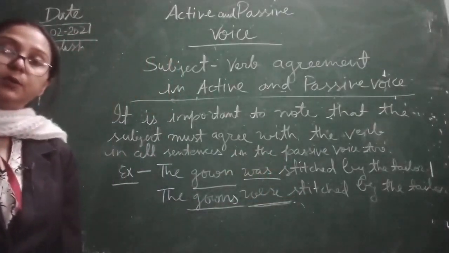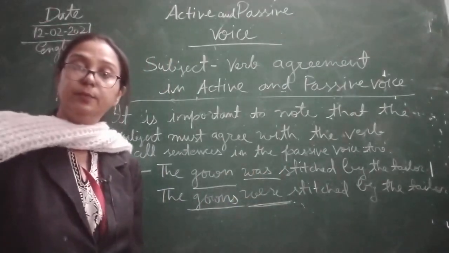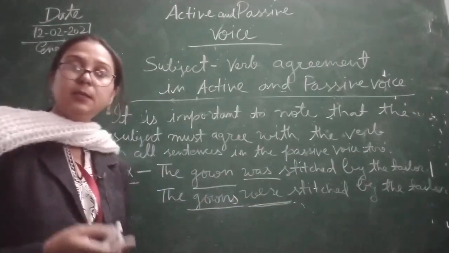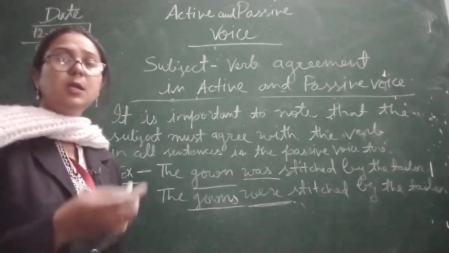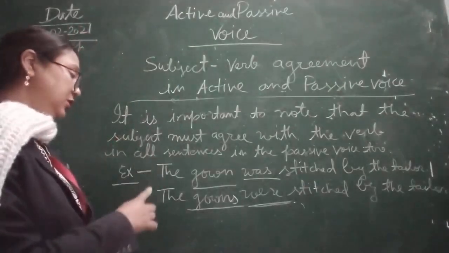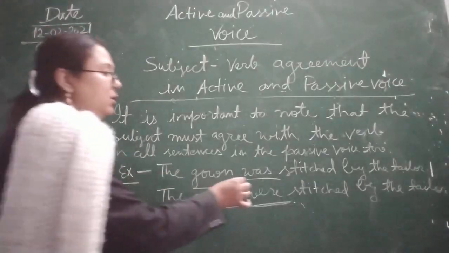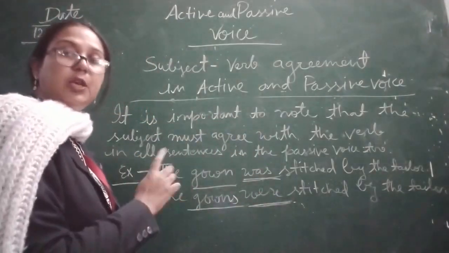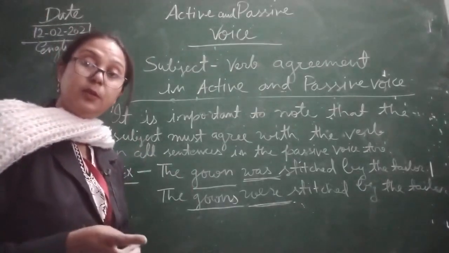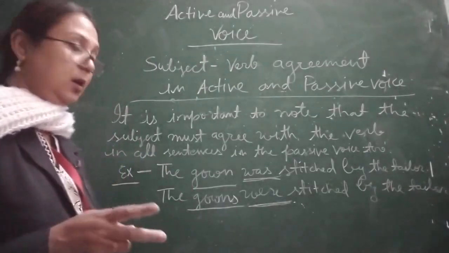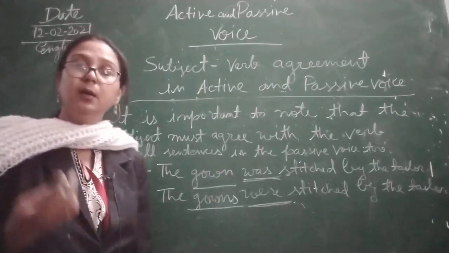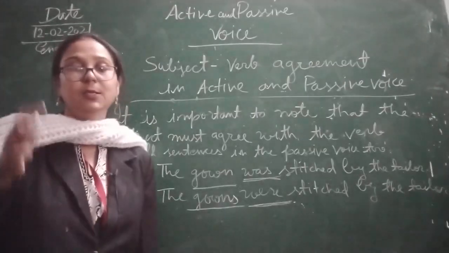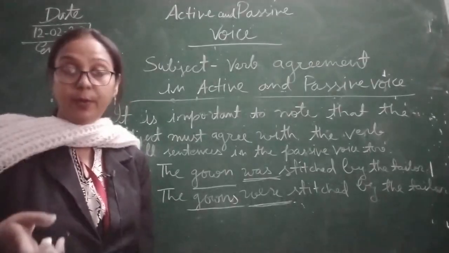Okay children? So I think it is clear to you. It is very clear to you because according to the subject, we will change the verb. According to the verb, we will change the subject. So you can say it will work vice versa, but collaboratively.